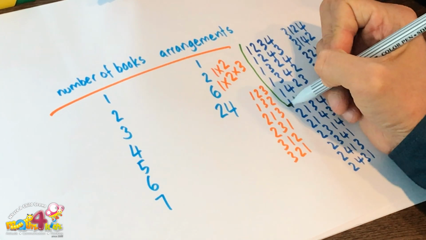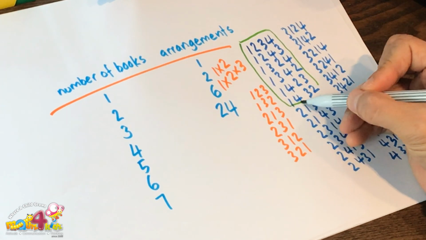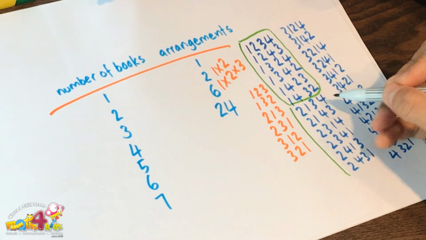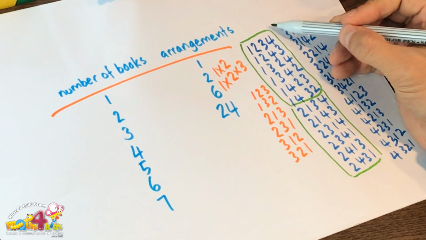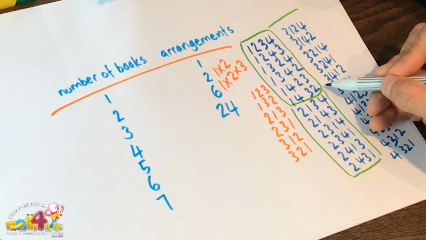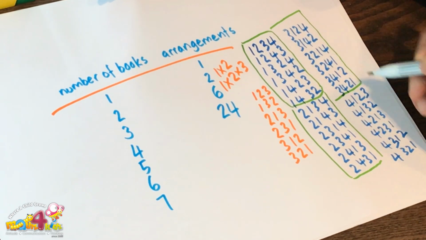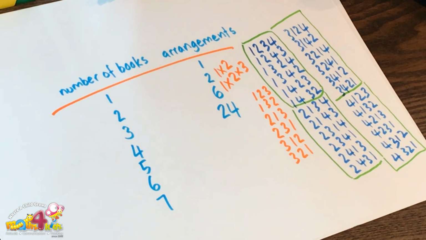It seems like we have many ways starting with book number 1. We also have many ways starting with book number 2. And many ways starting with book number 3. And so many ways with the first book being book number 4.